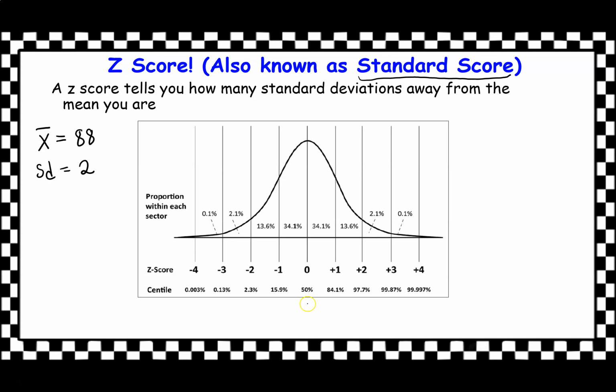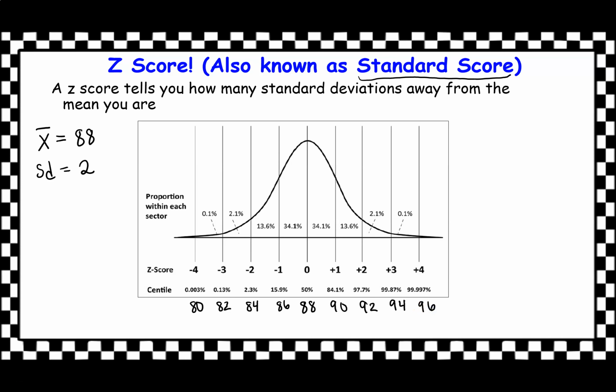Okay, so if we go ahead and mark this up, we've got 88, 90, 92, 94, 86, 84, 82, 80. Guess I can go one more here, 96.